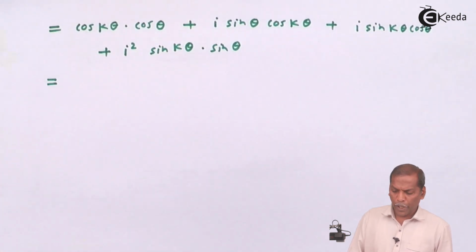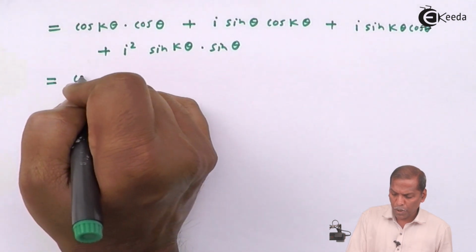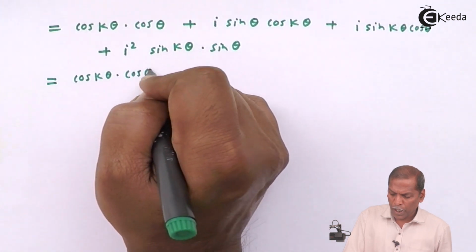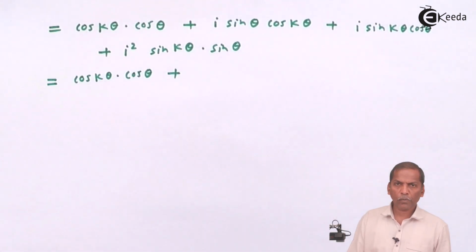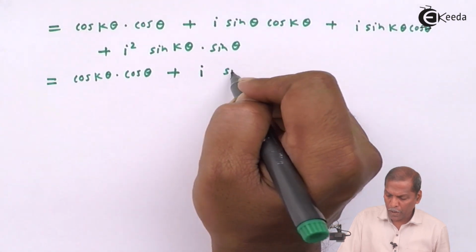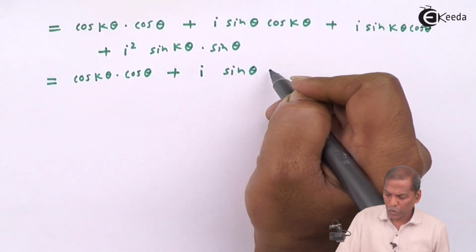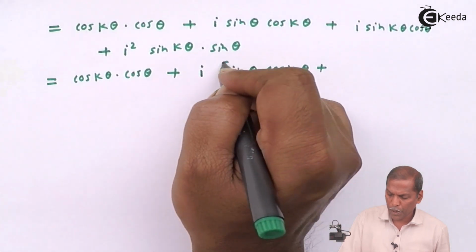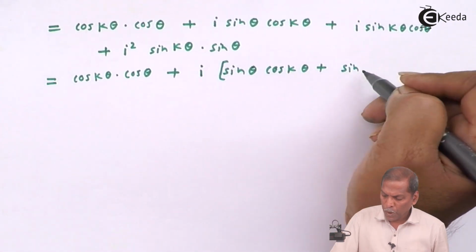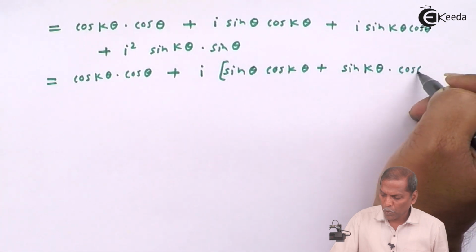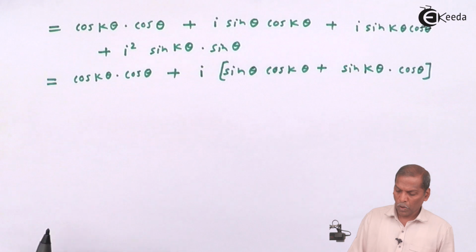So the next step, we write cos k theta into cos theta as it is, plus, from the second and third terms we take i common. So in the bracket we have sin theta into cos of k theta plus sin of k theta into cos theta.